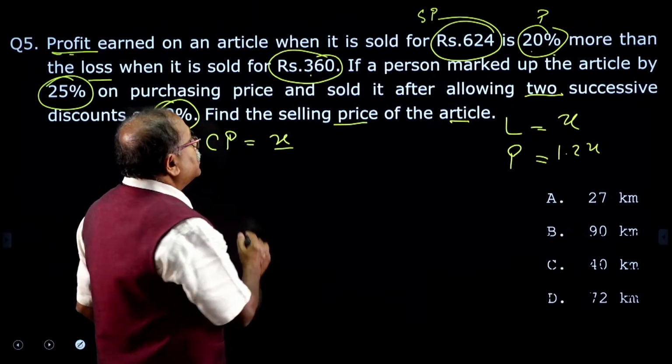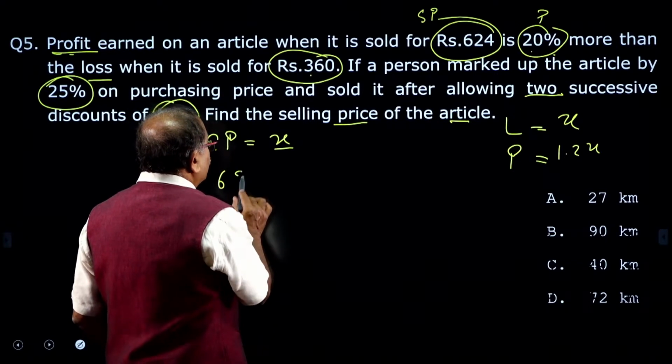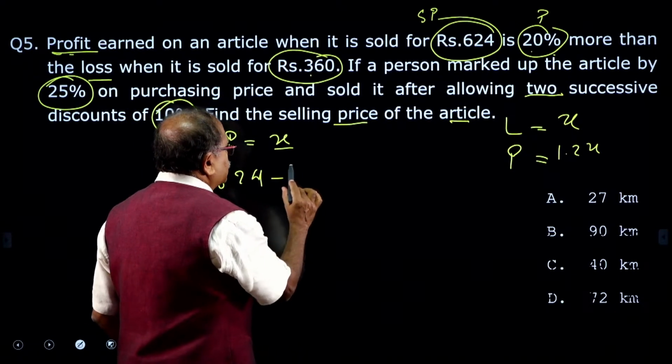So, what is the ideal way to write down this one? That is 624 minus x.